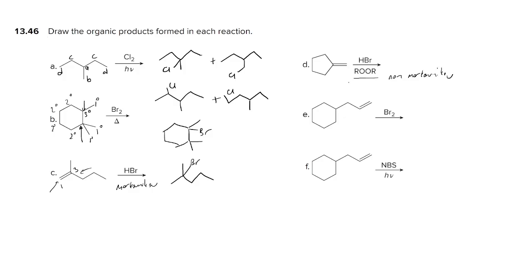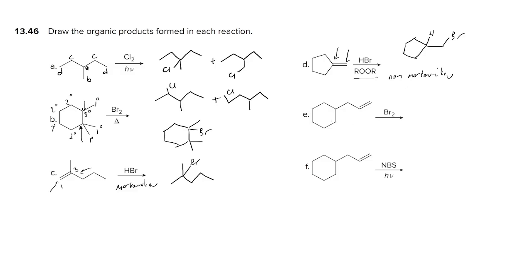So basically this is the less substituted carbon, this is the more substituted carbon. So bromine will be attached to the less substituted carbon in this case. Let's draw the product. So bromine will be attached here and hydrogen attached here. But you don't need to draw hydrogen in the skeletal structure.